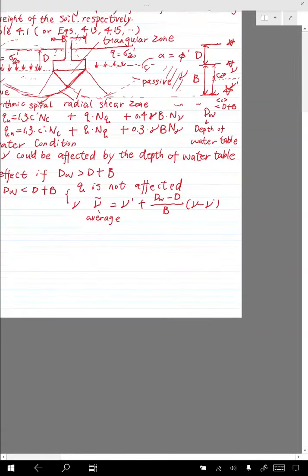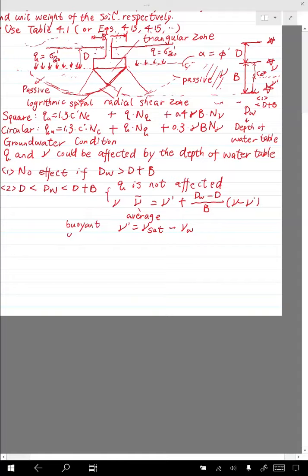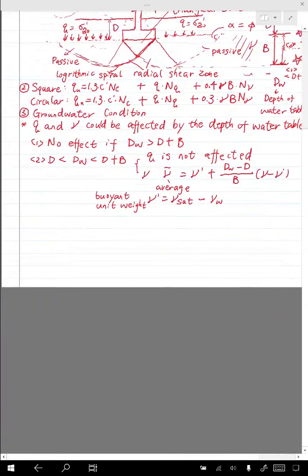And the gamma prime here, this is the submerged unit weight. So it's the difference between the saturated unit weight and the unit weight of water. So this one is the buoyant unit weight. So that is the second condition.